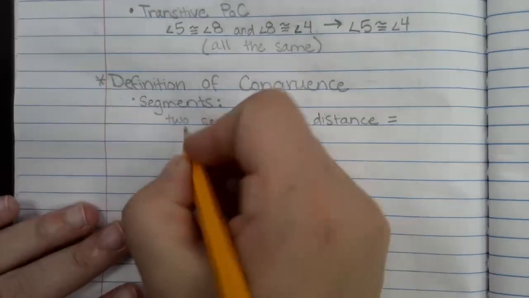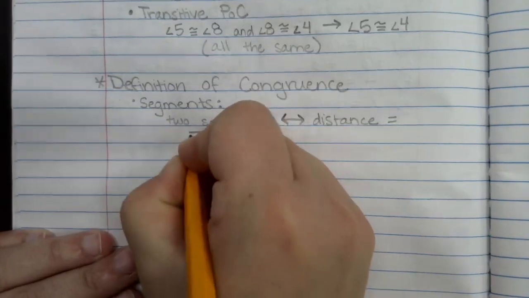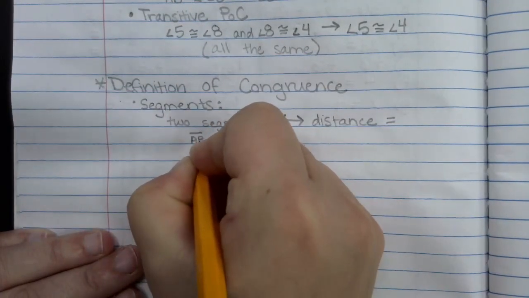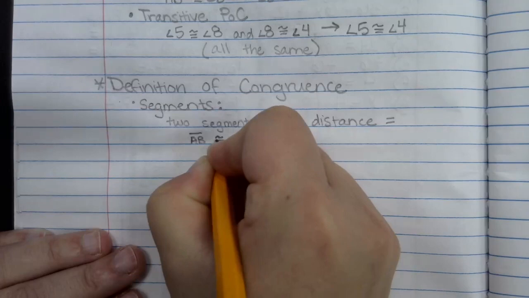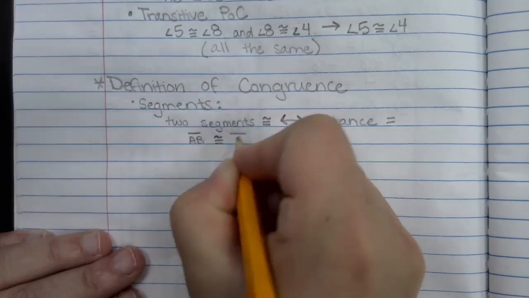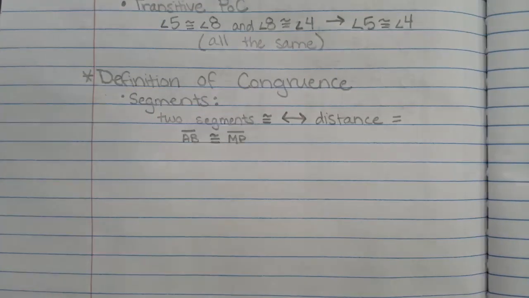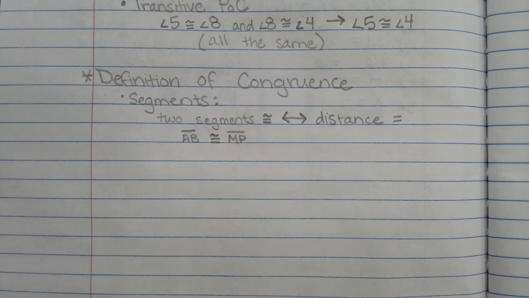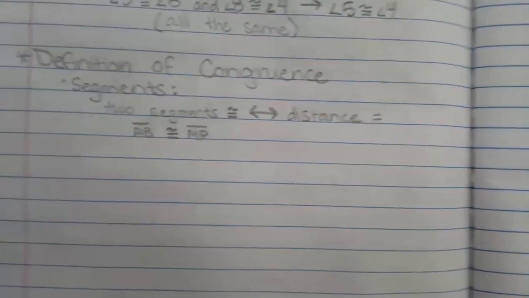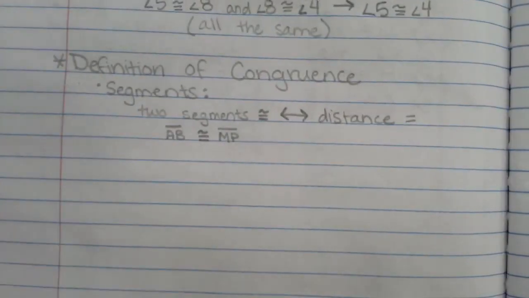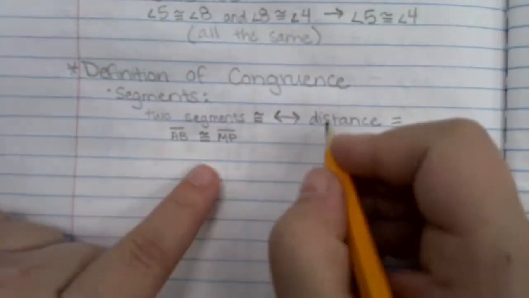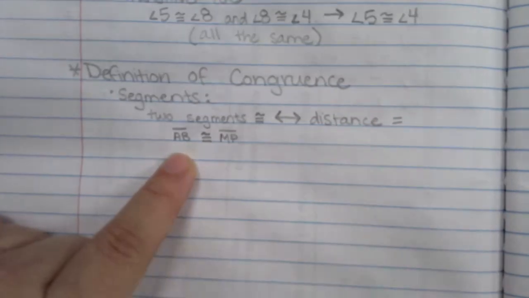So if I write that out in geometry terms here, if I know that AB is congruent to, let's say, MP, that's how we would write it, saying that they're congruent. We use that segment above. Then I know that their distance is equal. So how do I show distance of segment AB?